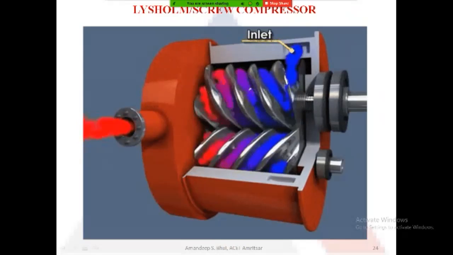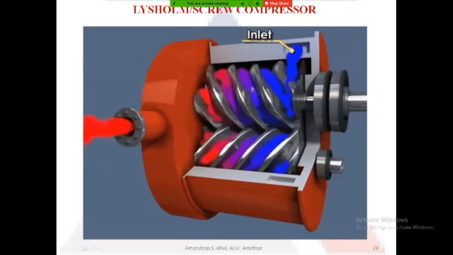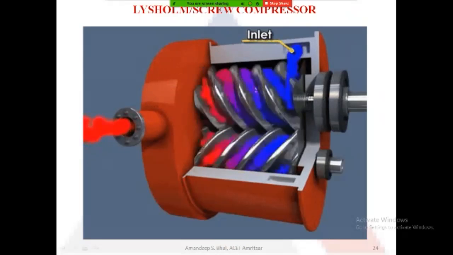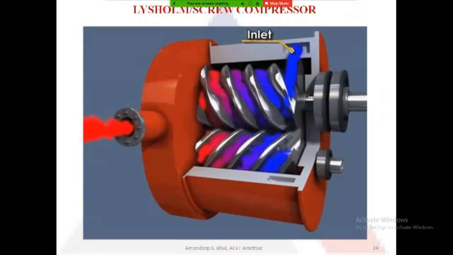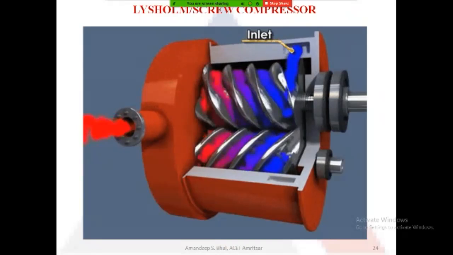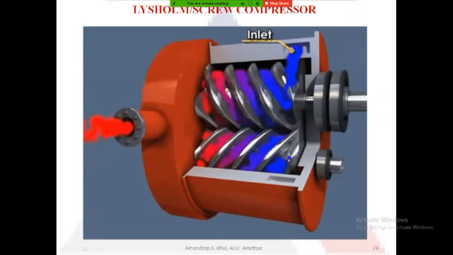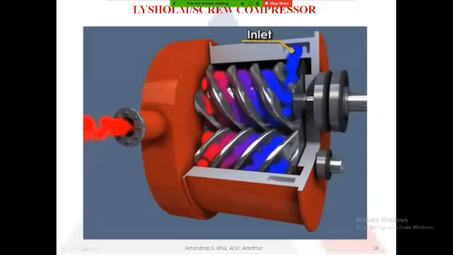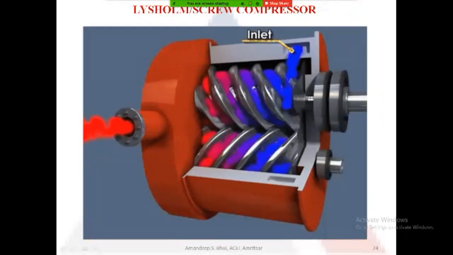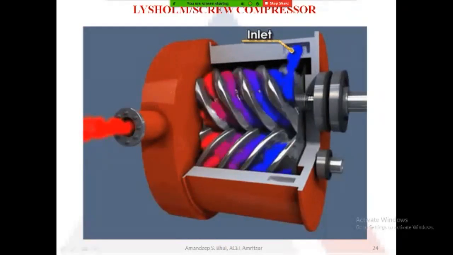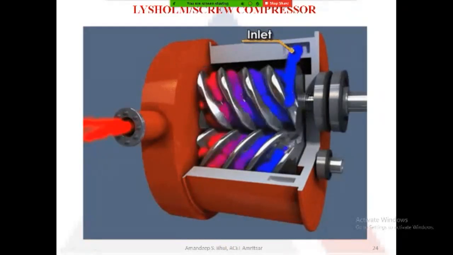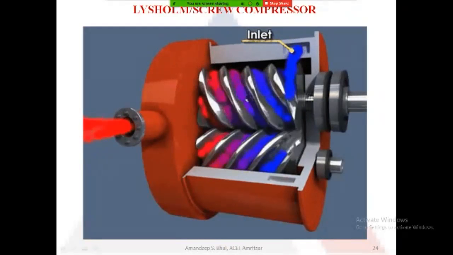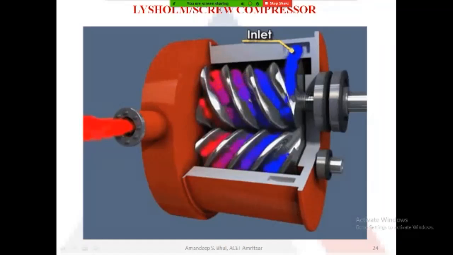When the air comes inside, it gets trapped between the flute and the lobe of the two rotors. As the rotors are made helical, as they move, this trapped air starts to move in the forward direction. As it moves forward, the mating of the male and the female lobe reduces the volume of air.